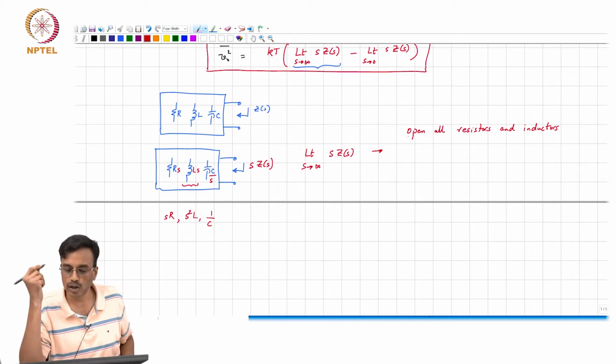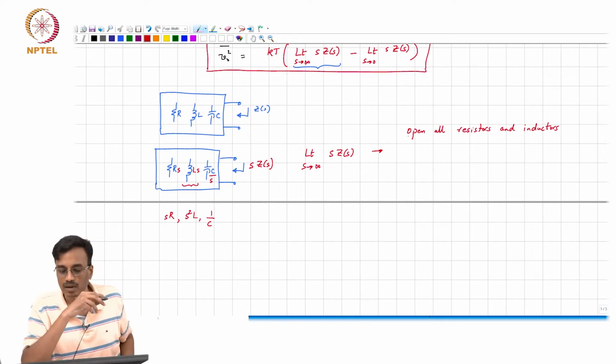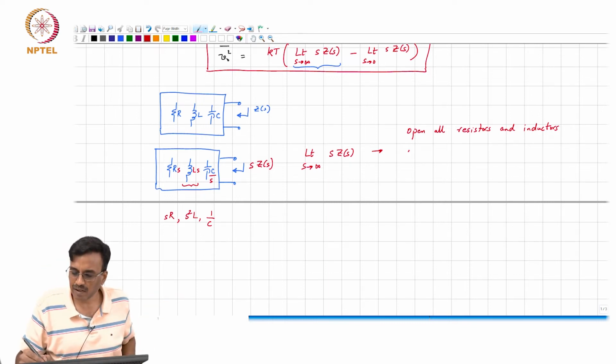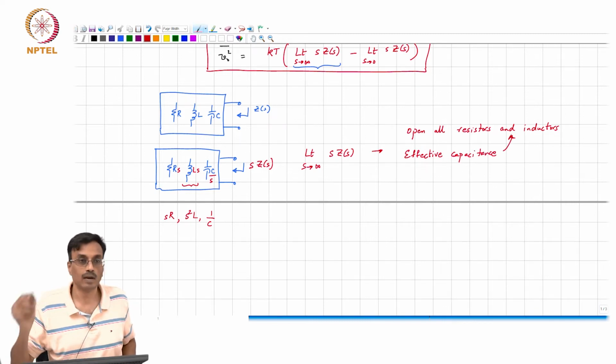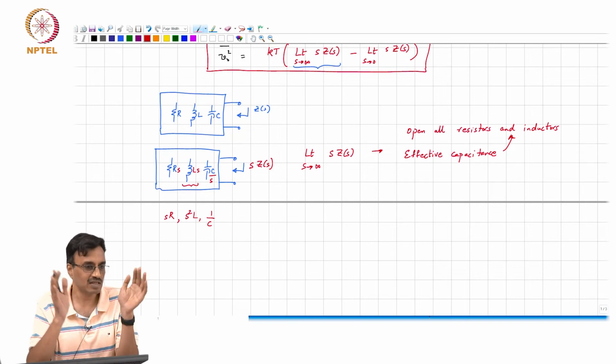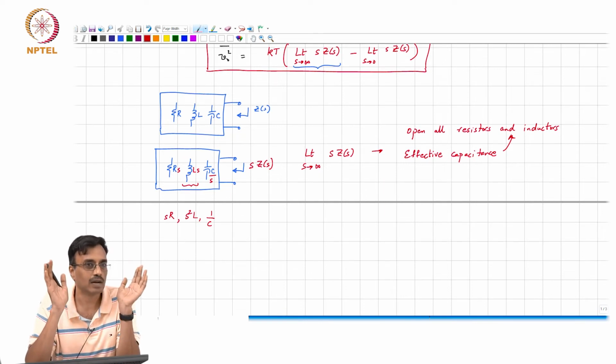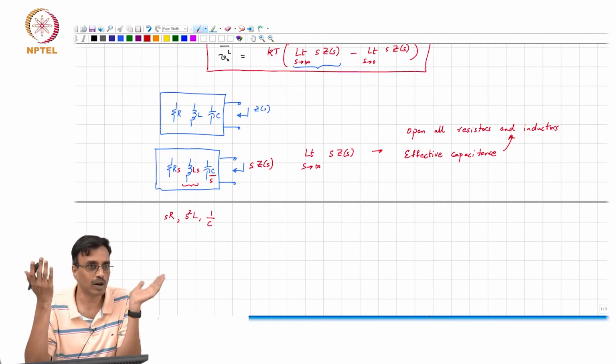Okay. So, yes, how can you interpret s times Z of s? Yeah, so basically it is the effective capacitance of what remains. Effective capacitance is just simply that capacitance, that number, correct, that s goes away.